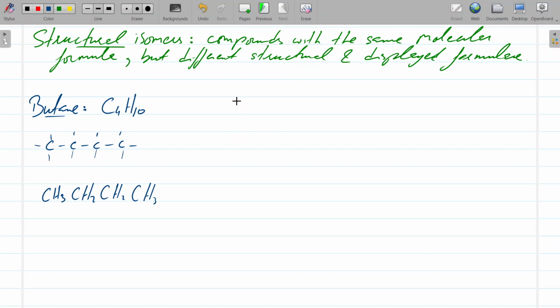Now, what if we have another molecule that has a molecular formula of C4H10, and this is what it looks like. Count the number of carbons and hydrogens, please.